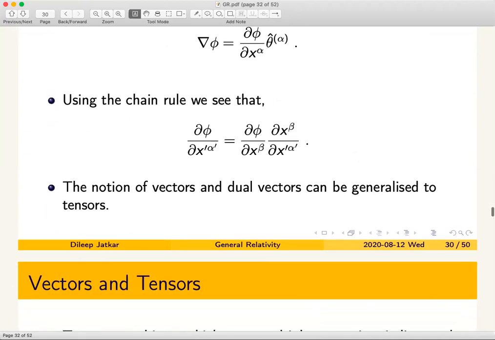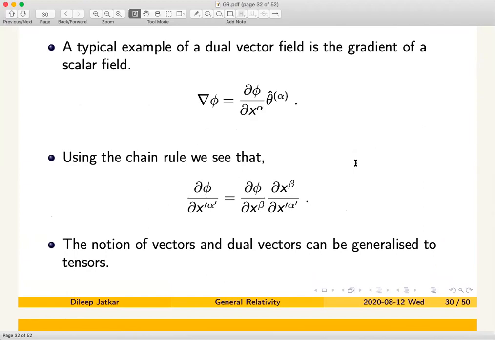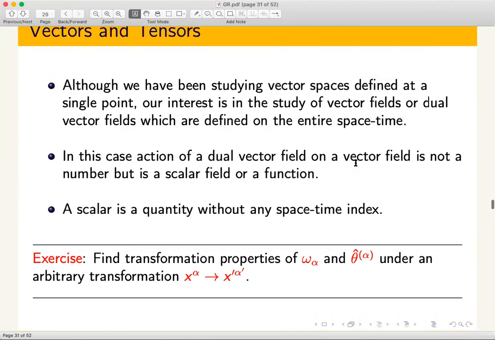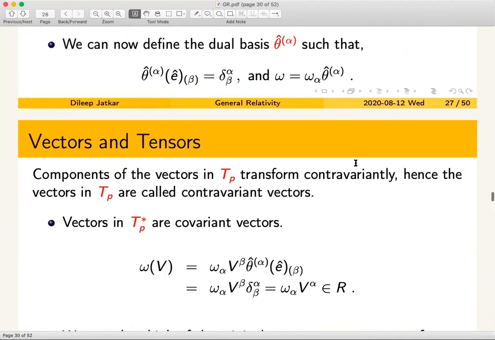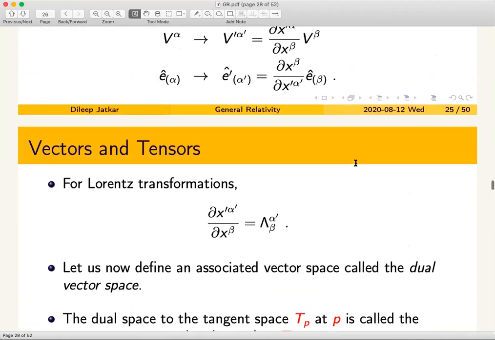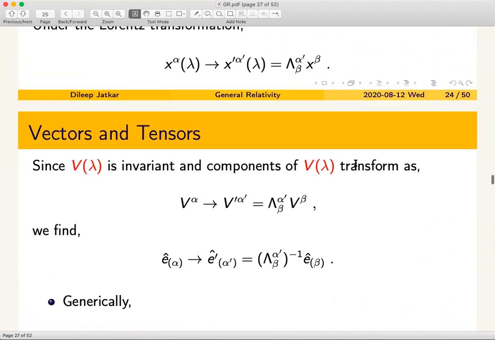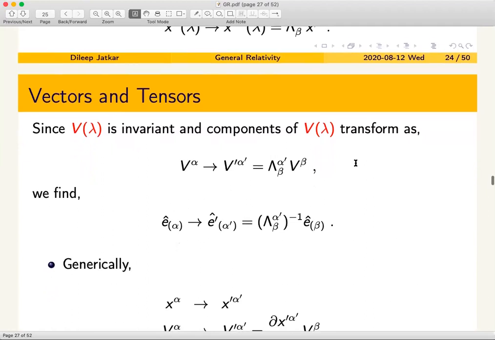Initially, the vectors that you were describing, you were calling them some v of lambda, where the components are v mu. It's fine as an abstract definition, but in actuality what we are associating with our physical space-time is those components only, right?